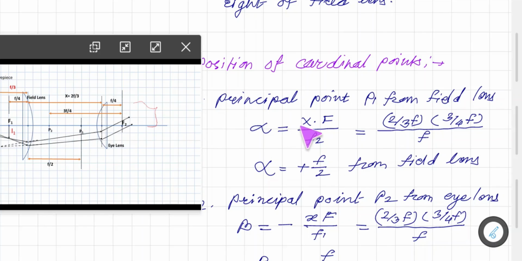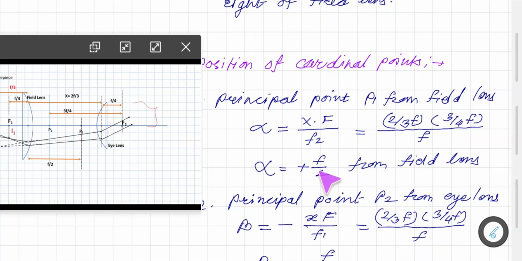We already know the formula x into F upon f2. So x is the distance of separation, that is 2/3 f, plus the equivalent focal length we saw, that is 3/4 f, divided by f2, that is equal to f, and therefore we get alpha is equal to plus f by 2 from the field lens. That means the first principal point should be to the right-hand side at distance f by 2.